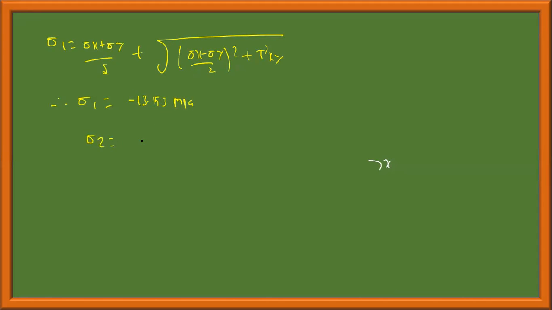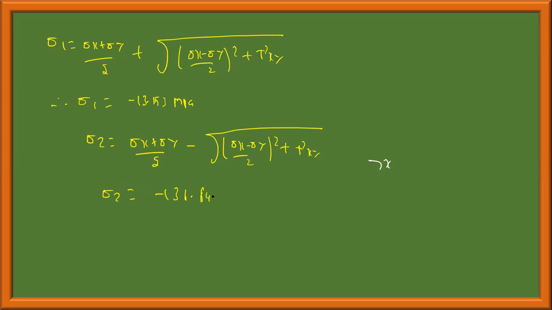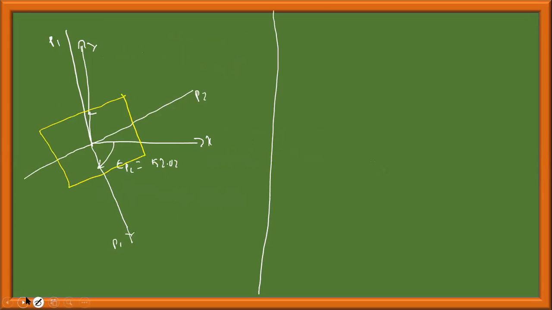Sigma 2 is equal to sigma x plus sigma y by 2 minus root of sigma x minus sigma y by 2 the whole square plus tau square xy, which is minus 136.8465 MPa.